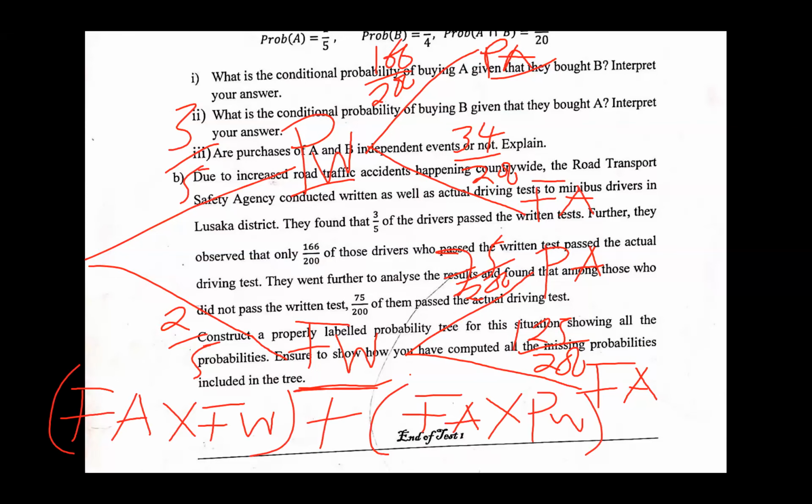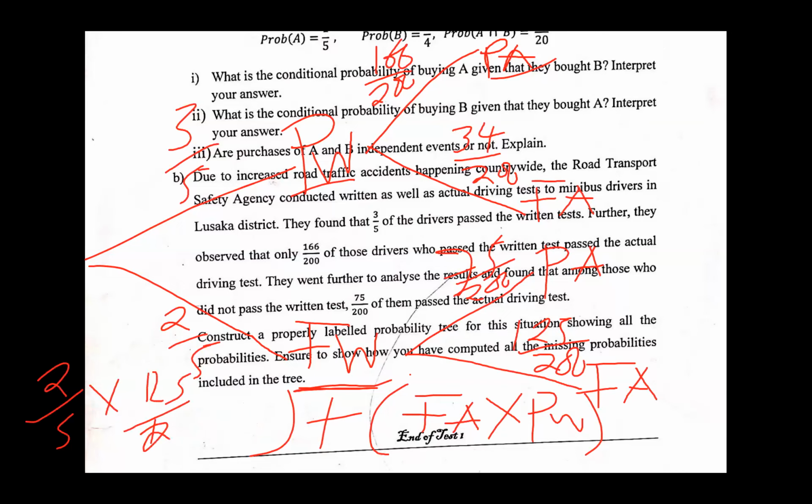So this is how you find the probability. You multiply. The probability of fail given the actual test times fail given the written test. So you multiply these branches, the fail ones. So you say it will be 2 over 5 times 125 over 200, plus fail actual test times the pass written one.